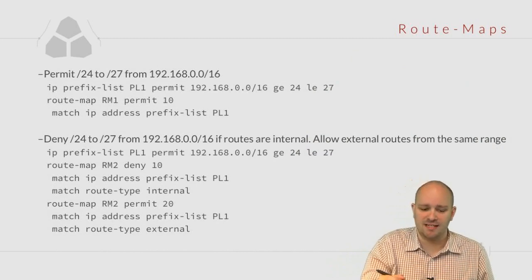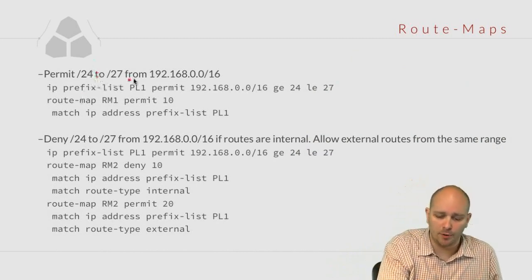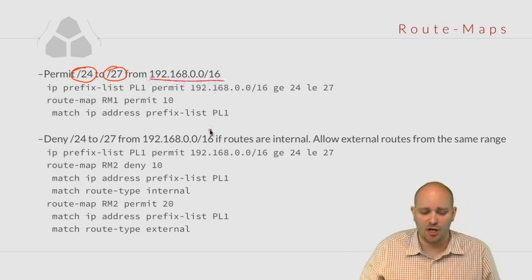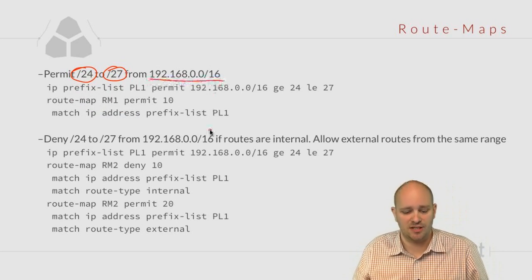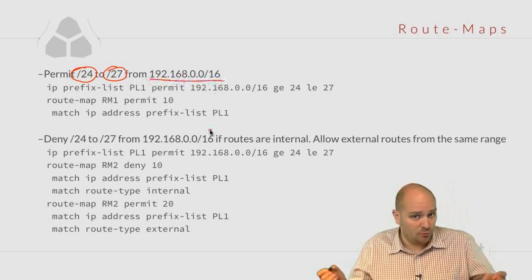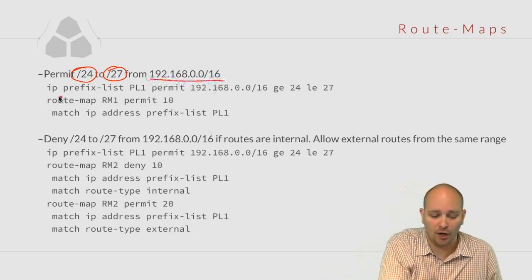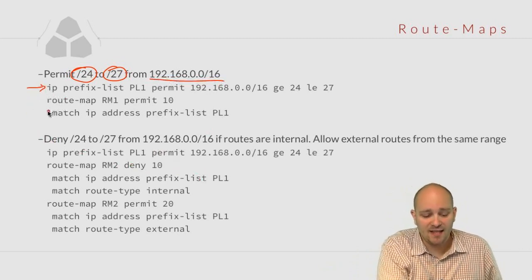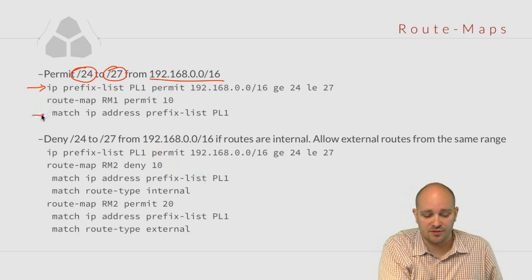So in this first example here, let's say that we wanted to permit routes from the range of /24 to /27 if they are coming from 192.168.0.0/16. Now, this is something that we have done with prefix lists before, so our prefix list entry would be like this, and then inside the route map, we would reference it like this.